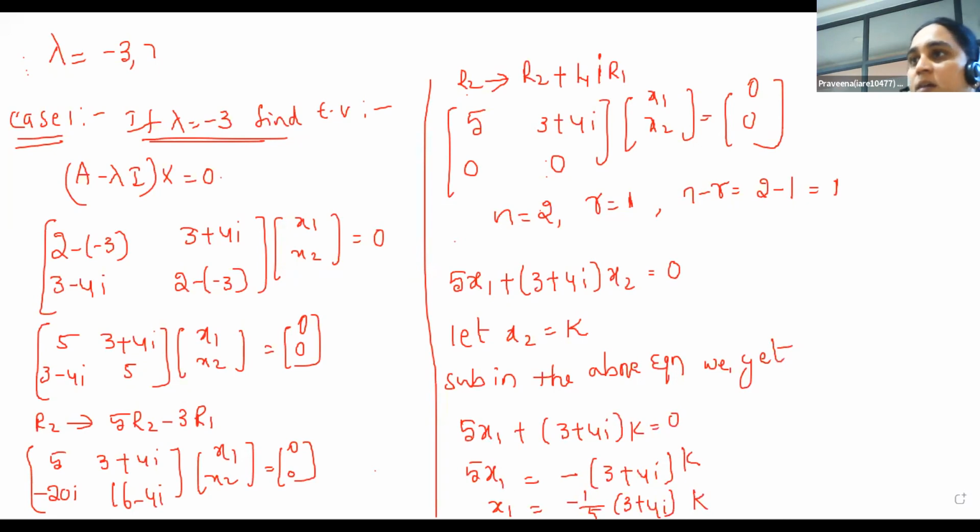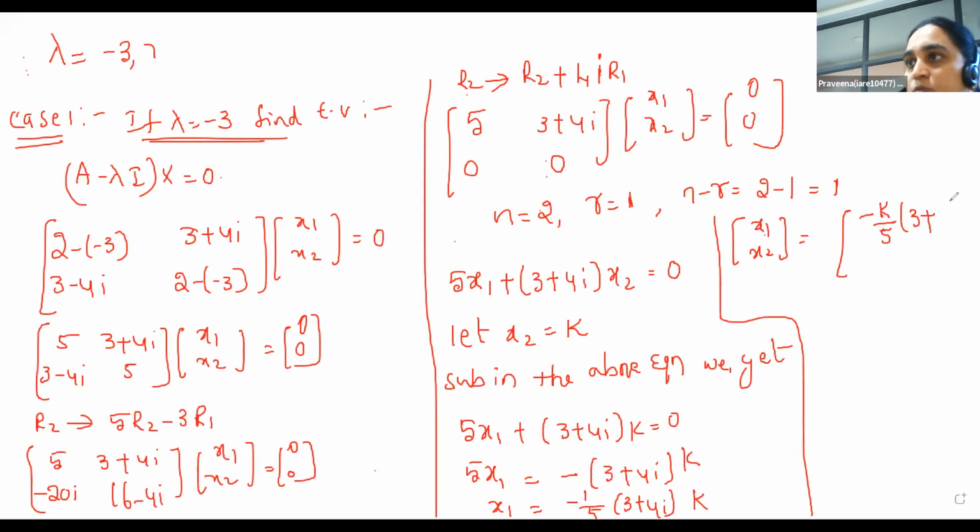I'll write the last steps here. Therefore, what about x1 and x2? x1 is minus k by 5 into 3 plus 4i. And x2 is k. Okay.